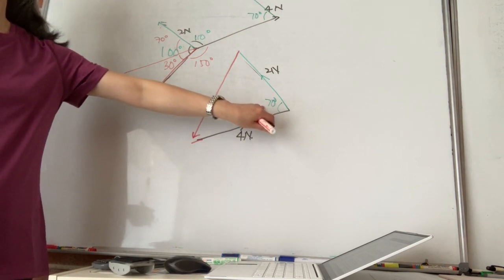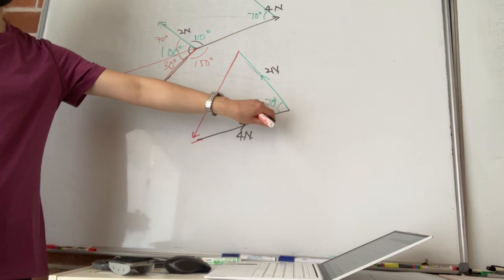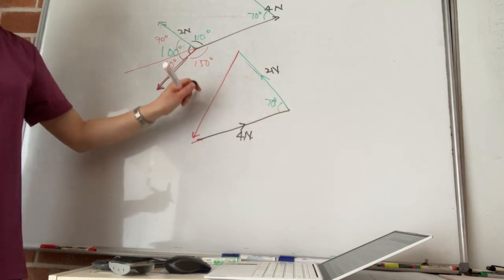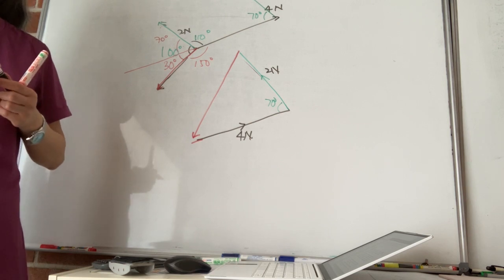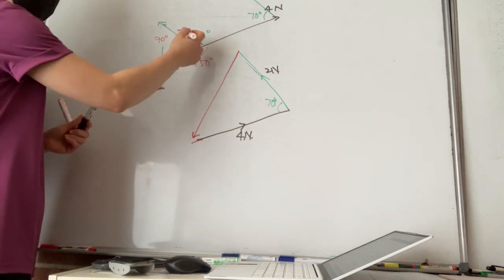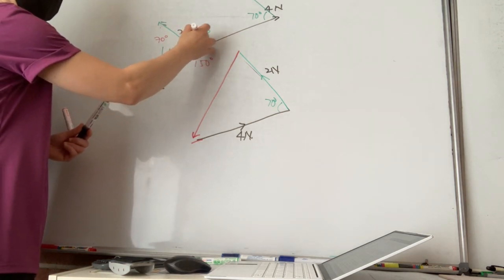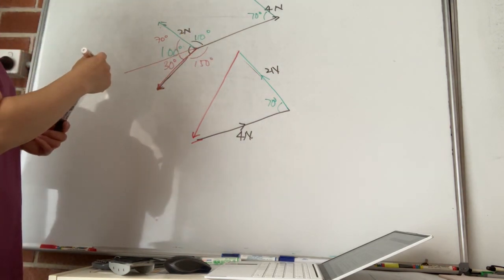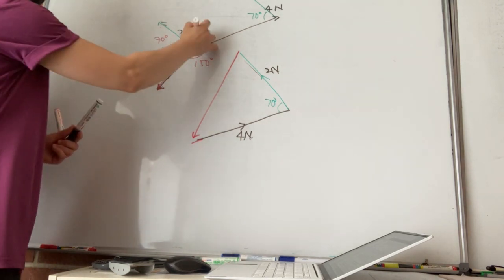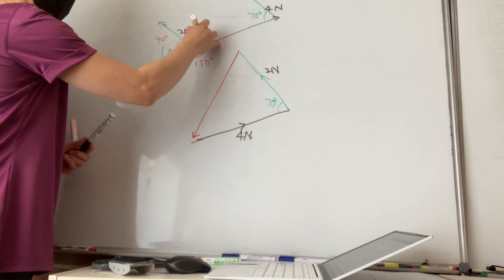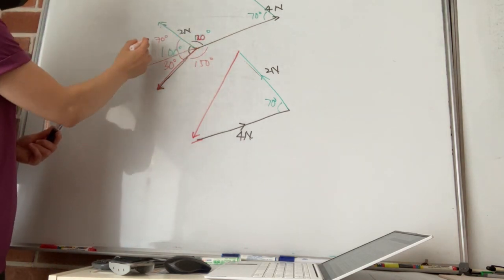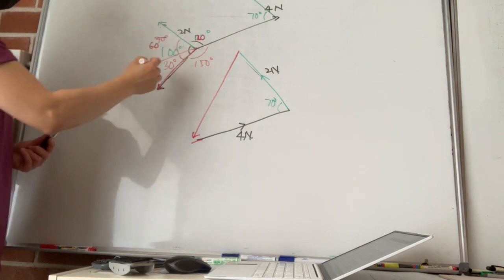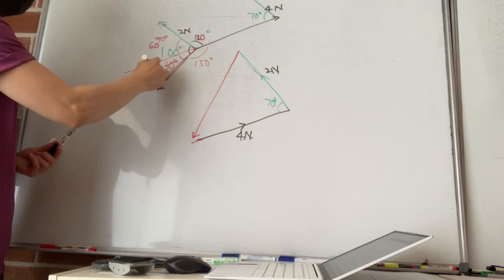You'd have to measure it anyway, but if you have it at 60, then we have a nice number. How can I make it into 60? 120, that will work, isn't it? 120, that means this is going to be 60, and that means this one is going to be 40.